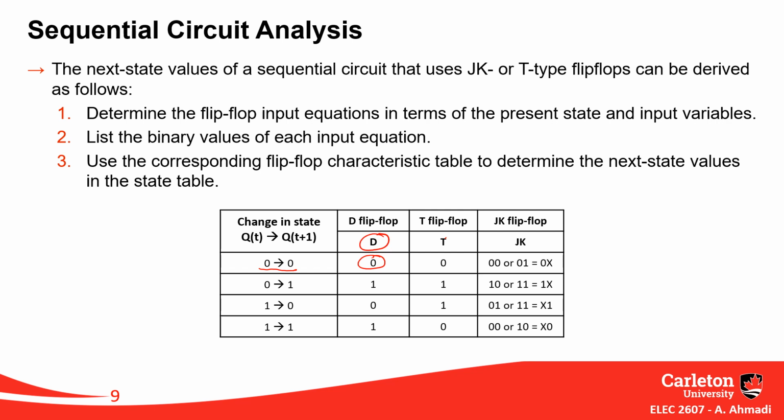If you have a T flip-flop, the input of the T flip-flop must be 0. Or if you have a JK flip-flop in your design, you have to apply 0 to J, and K can be a don't care. Same for other transitions. Here we are talking about one single D flip-flop or T flip-flop or JK flip-flop.